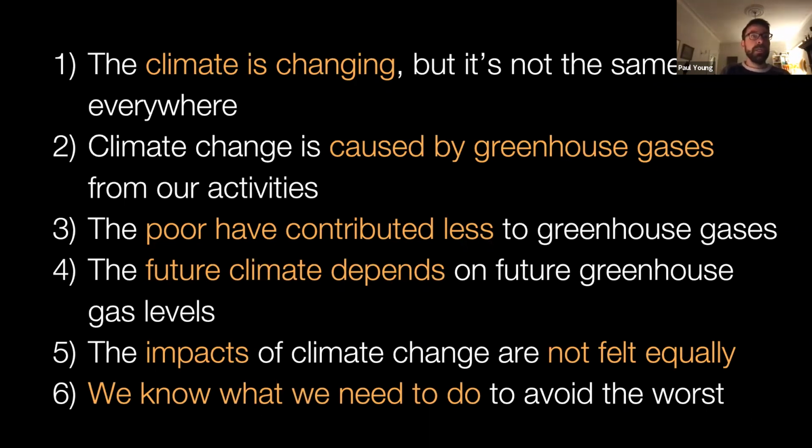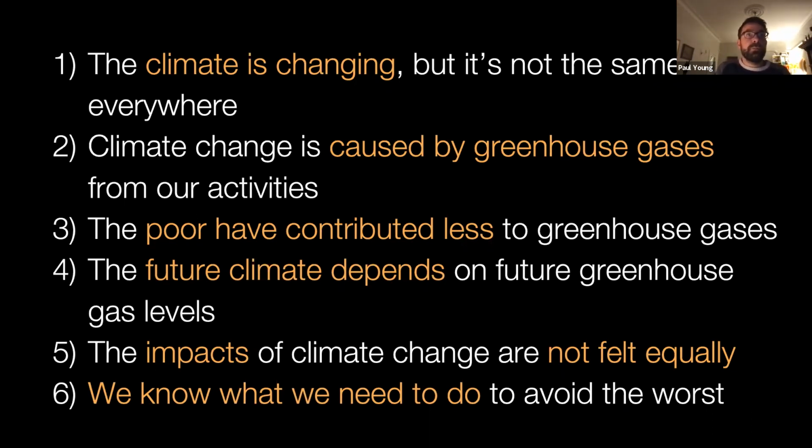but as I also showed, in many regions of the world they stand to have the most impact from climate change. The future is not written. It does depend on what we do with our greenhouse gases, and if we put fewer greenhouse gases in the atmosphere, then the climate change will be less. The impacts of climate change themselves are not felt equally. They'll be different in different parts of the world, and also at different times of the year.